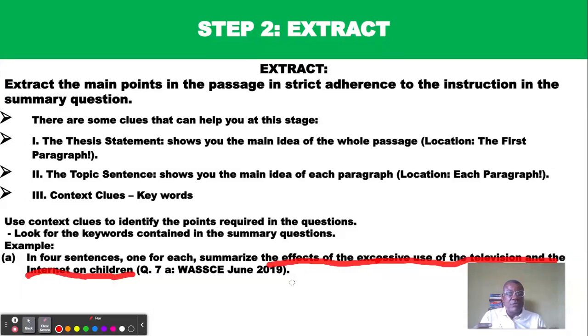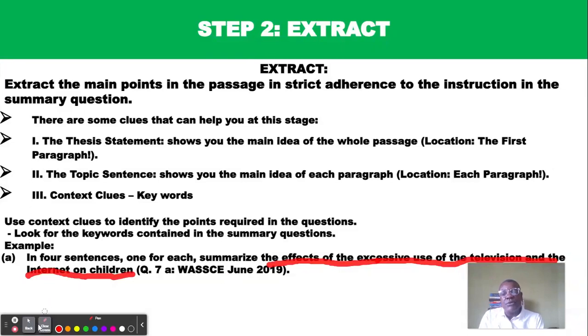So you come across the first one, you extract it, the second one, you extract it, and then you extract all of them exactly as they are in the passage. You may underline them if you are allowed to do that in a particular exam. Otherwise, you use a particular page as a rough sheet, and then you extract and jot them down.